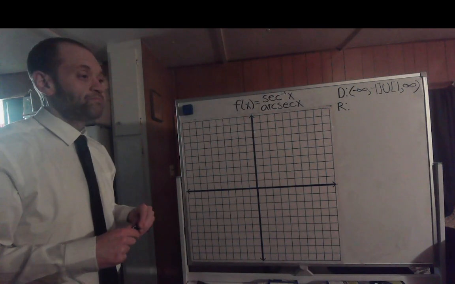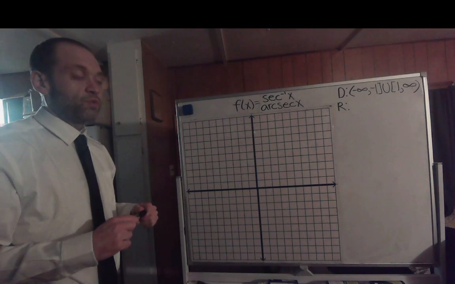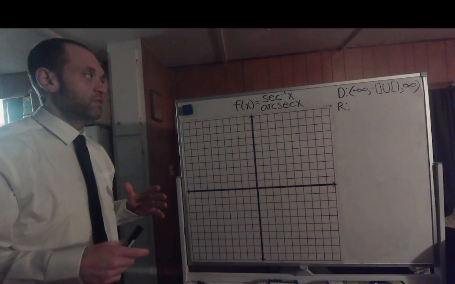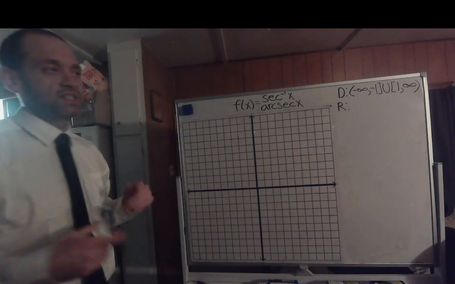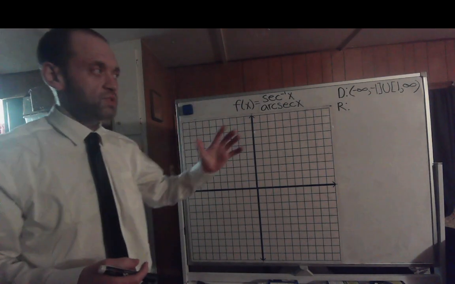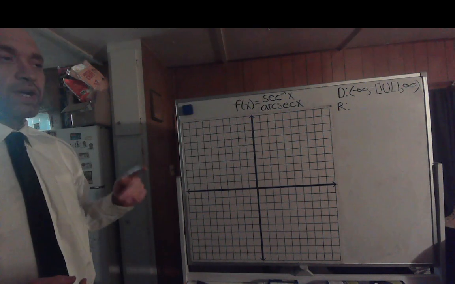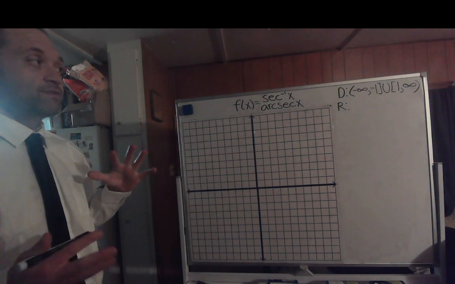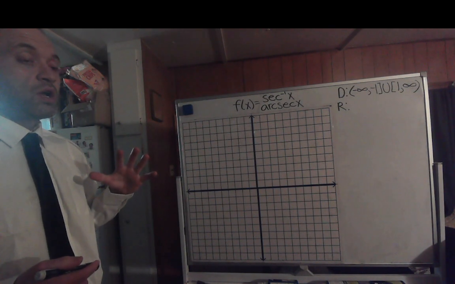Well, what was the range of the cosine inverse, since the secant's the reciprocal of cosine? The range of the cosine inverse was 0 to pi.